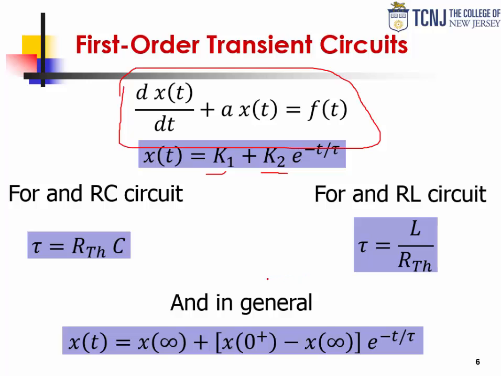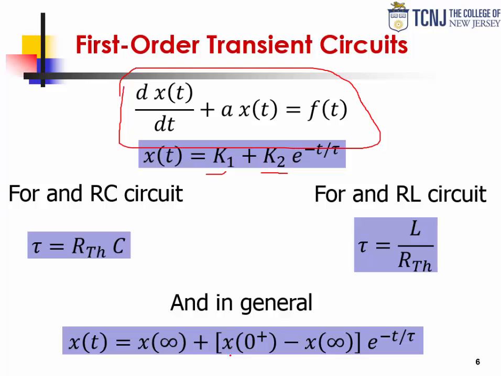And in general, we'll see that the constants K1 and K2 respectively are the value of the current or the voltage, whatever case this x of t is, after a very long time. And we saw how the concepts that we reviewed at the beginning can help us with that.